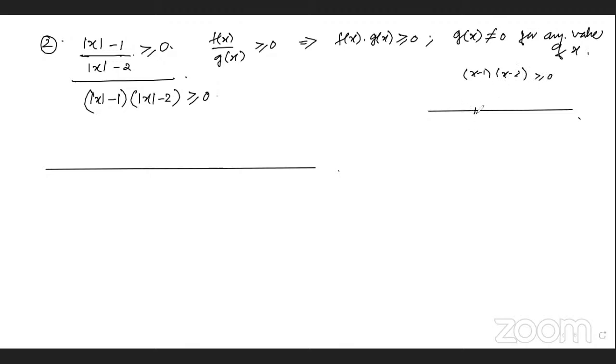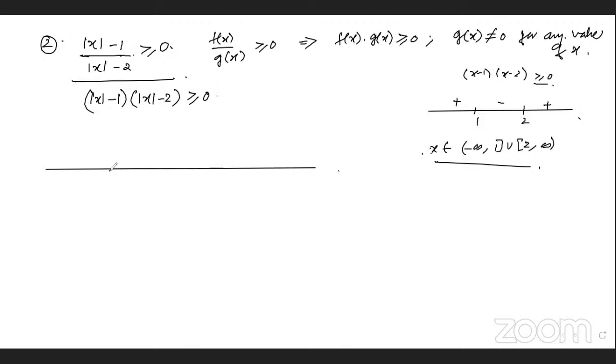First, we'll label the points on this number line as 1 and 2 in descending order, and this is plus. We get plus minus plus. Now this time it is positive, greater than or equal. So therefore, the value of x belongs to minus infinity to 1 closed union 2 to infinity. Okay, this is the value of x which actually satisfies this inequality.